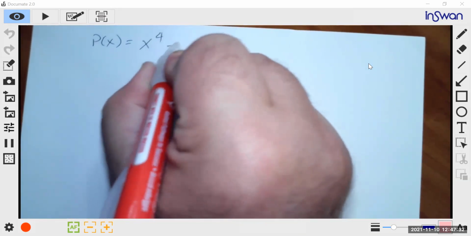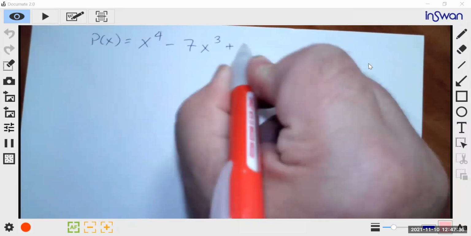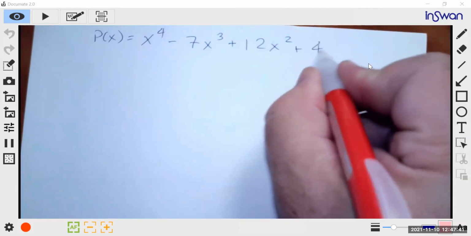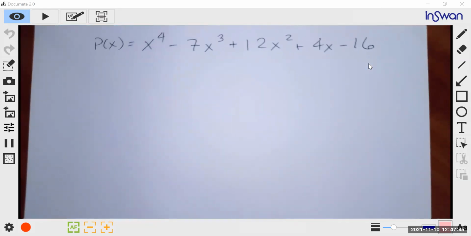Let's look at this example. Tell me the intercepts. Tell me what the graph looks like. Same thing as before.